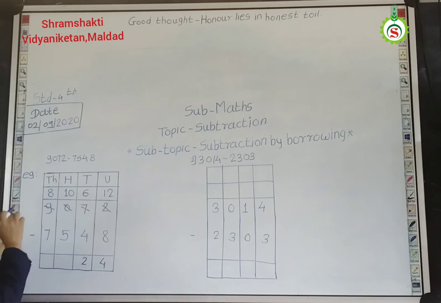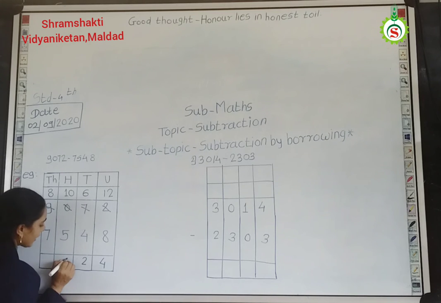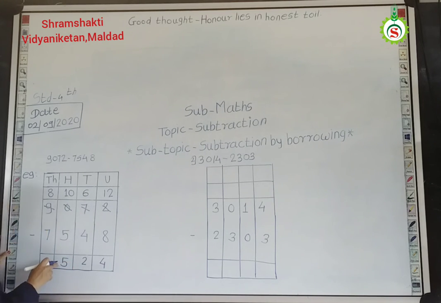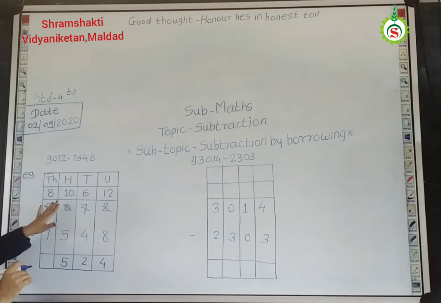Now solve this step. Hundreds place. 10 hundreds minus 5 hundreds. How much? 10 minus 5. Correct. 5 hundreds. Write down here 5 at the hundreds place. Now next place, the neighbor place of the hundreds place. Which place? Thousands place.